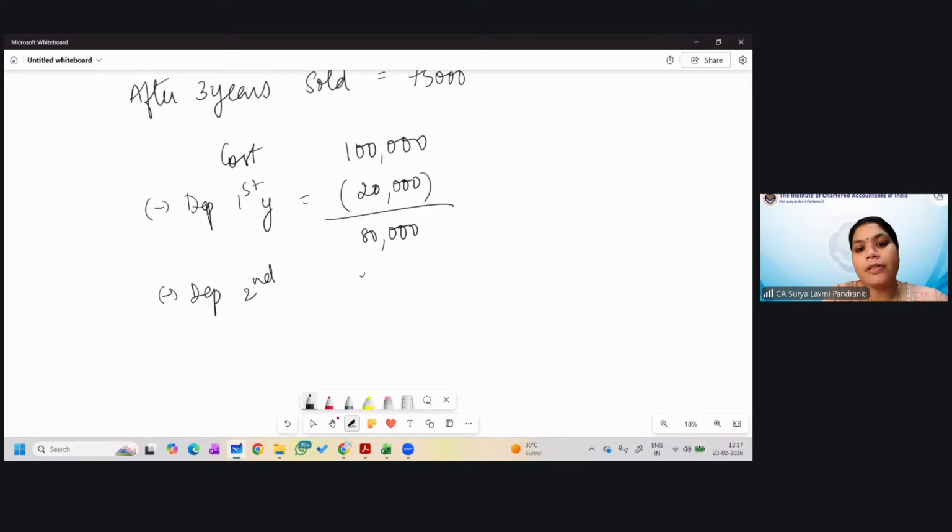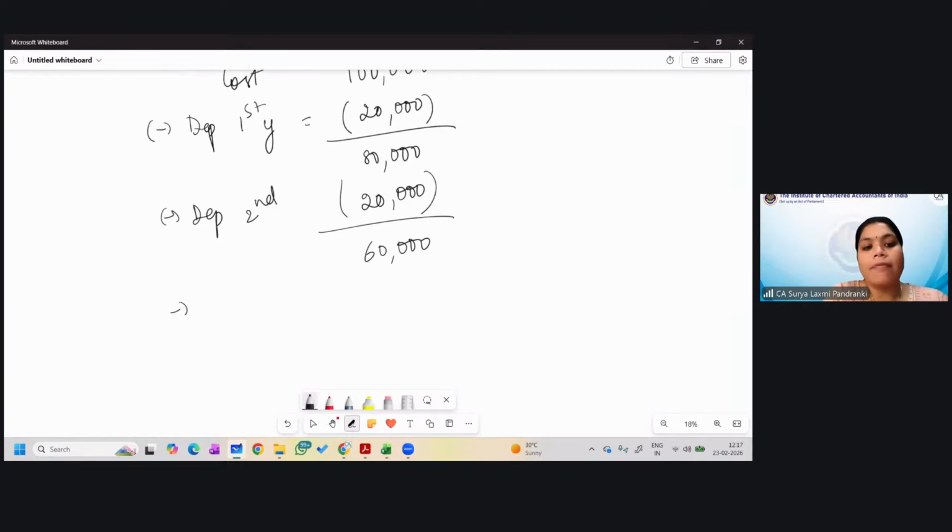Depreciation for the second year is 20,000, which gives me 60,000. Then I remove depreciation for the third year, 20,000. What is the carrying value left with me? 40,000, after 3 years, right?